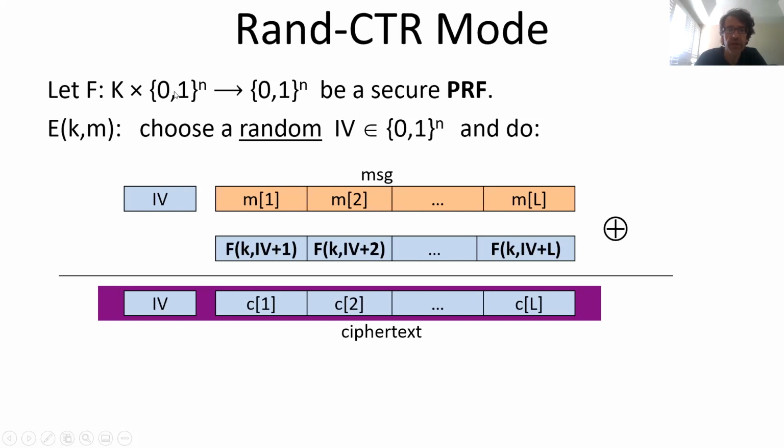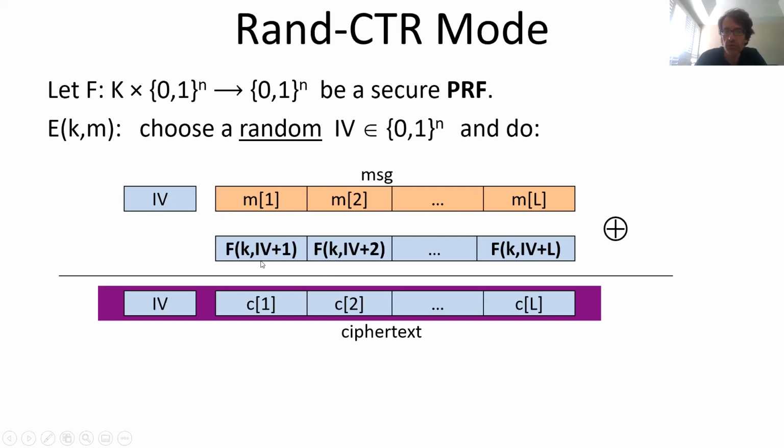Let's say that the PRF goes from n bits to n bits. So each of these blocks is n bits long. I parse my message into L n-bit blocks. I choose this random n-bit string. And then what I do is compute the PRF on the string incremented by a counter corresponding to the block I'm encrypting.